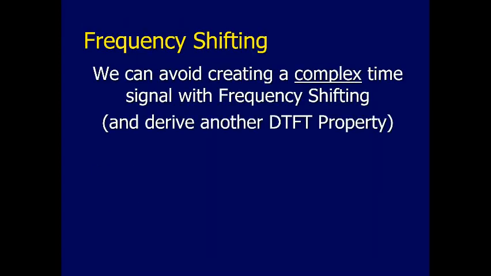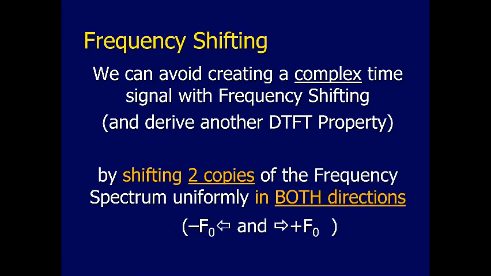Now, we generally don't like complex time functions, and so we can actually derive a more useful property and a more useful theorem for discrete time Fourier transforms if we make two copies. If we frequency shift our discrete time Fourier transform twice, or move it plus and minus f0, move it to the right by f0, move it to the left by f0.